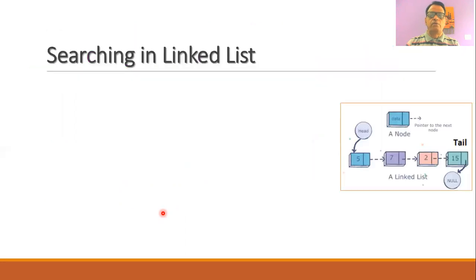So let us start the session with the question, what do we mean by searching in a linked list? We know that the linked list is a linear collection of elements. In the linked list, we have a collection of nodes where every node will consist of a data value and a pointer, and that pointer will point to the next element.